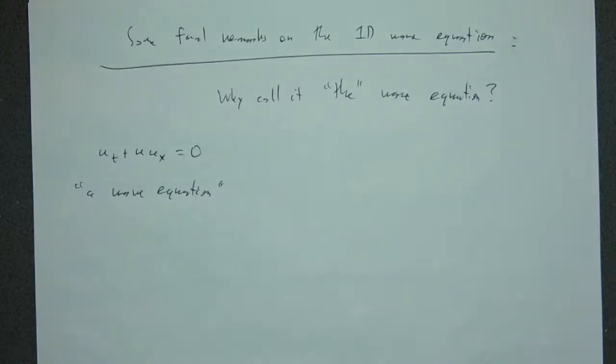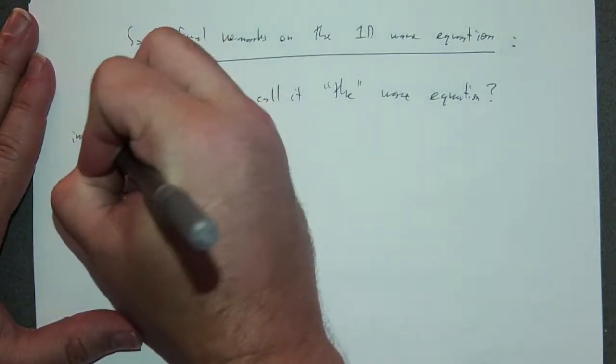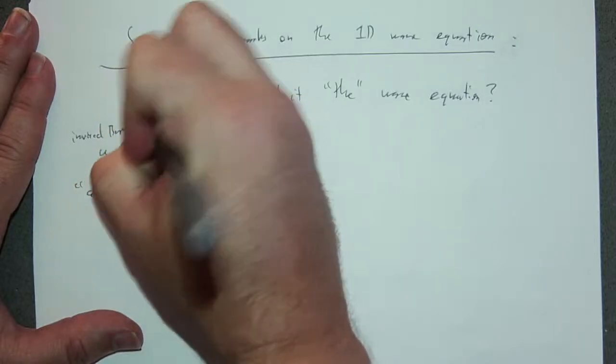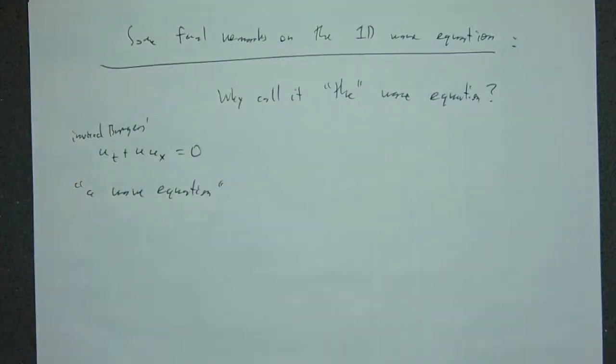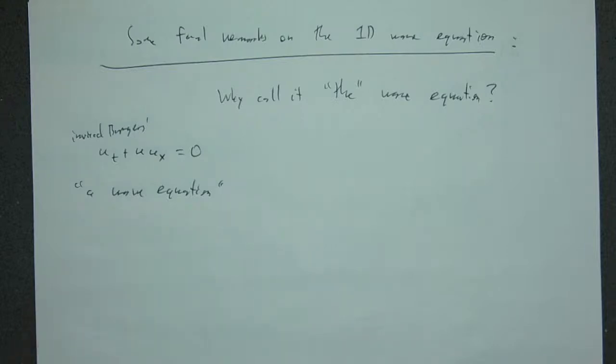That was our motivation for drawing pictures and looking at this thing, and this is a first order equation. So what's the deal here? Why not call this the wave equation? It's purely a historical thing.